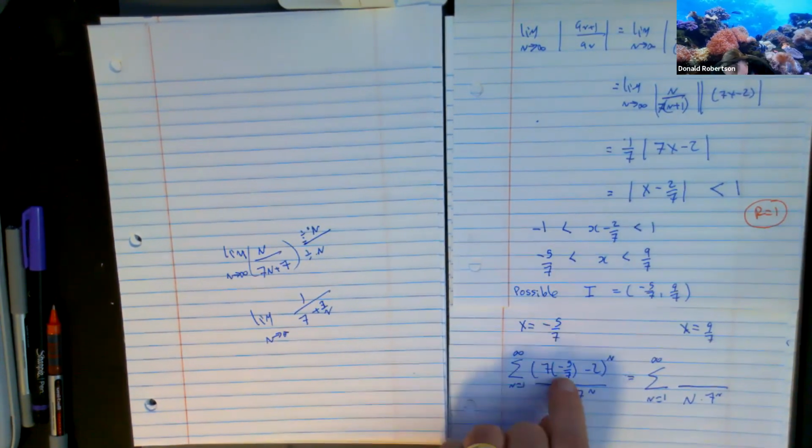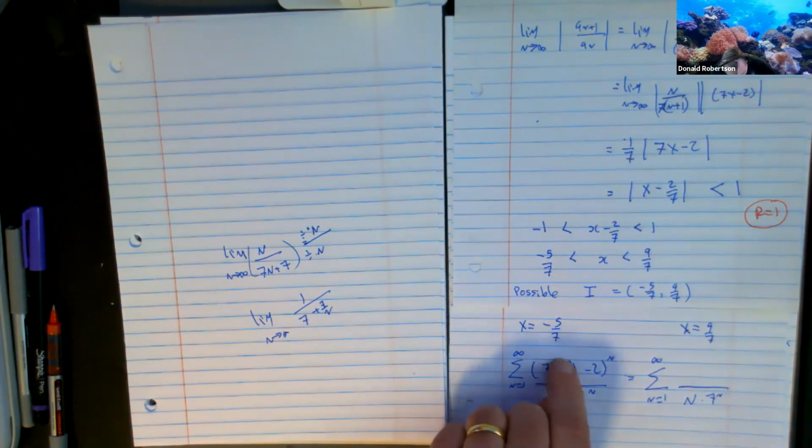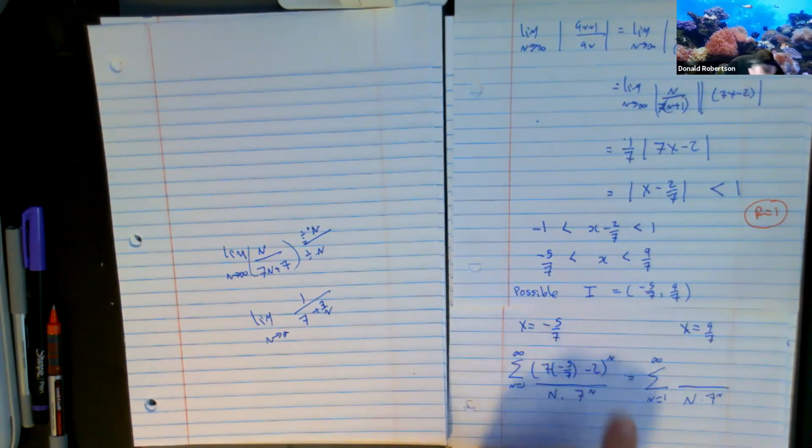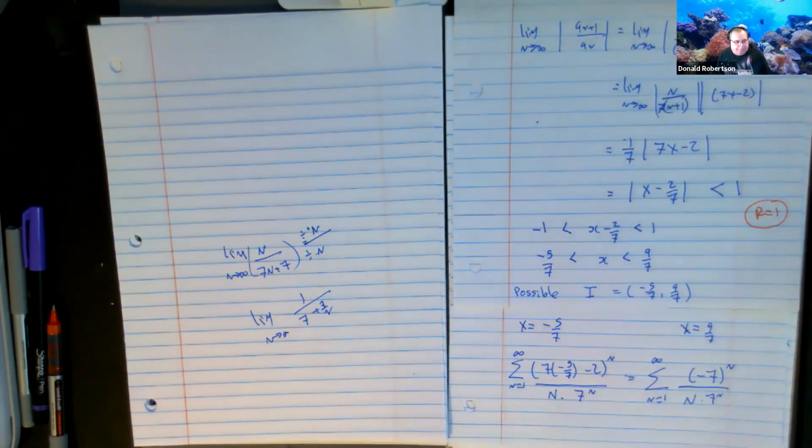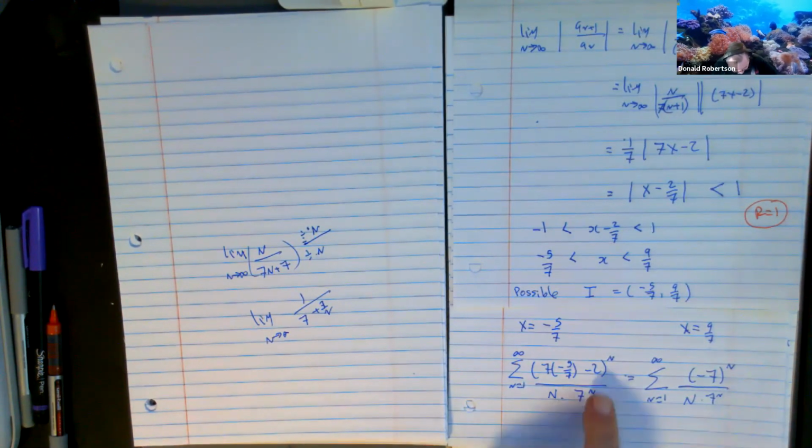Seven times that guy gets you -5. -5 take away 2 gets you -7. So you now end up with that guy. Right? All of this in the middle ends up being -7.